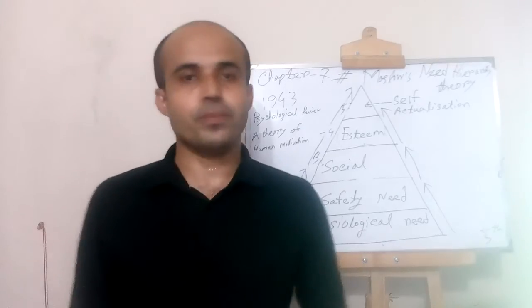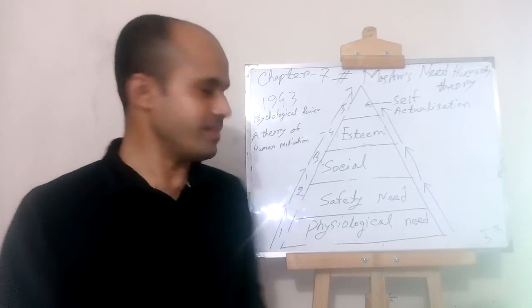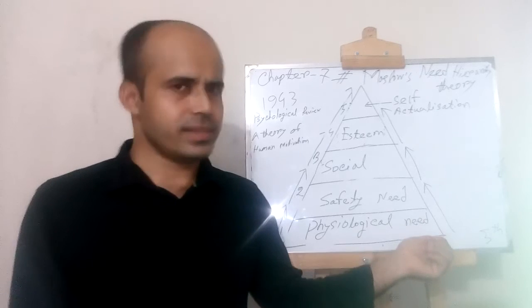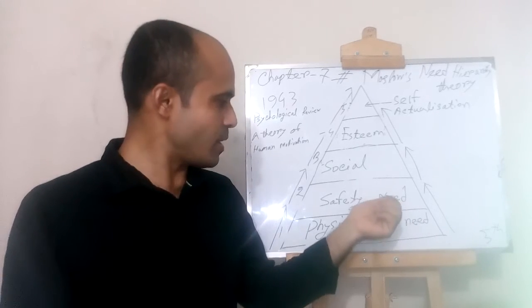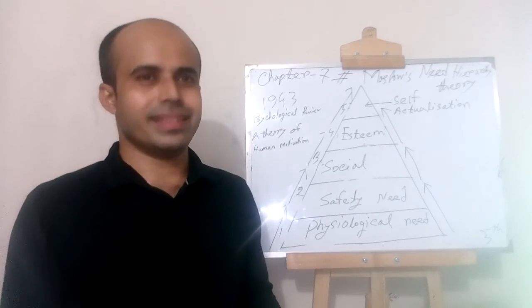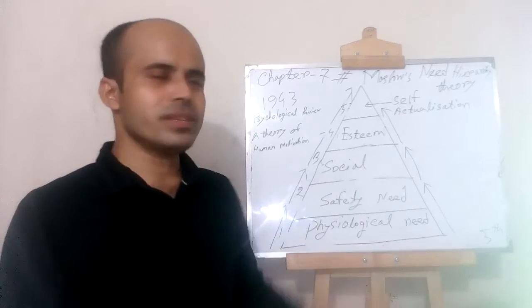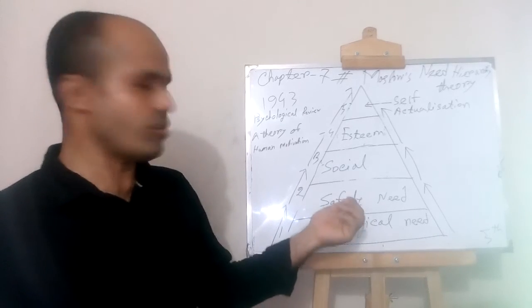The problem number 2: for some people whose physiological needs are filled up, it would transfer to the safety need. But some persons are different. They will shift to the social need.